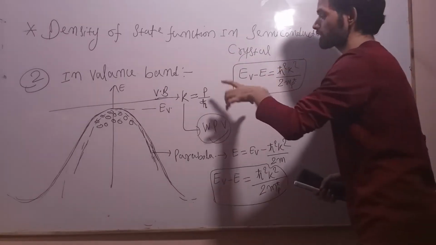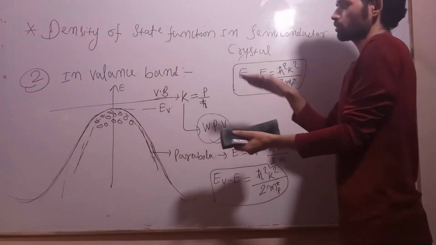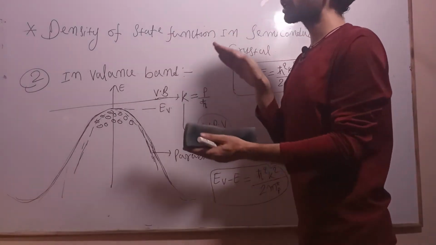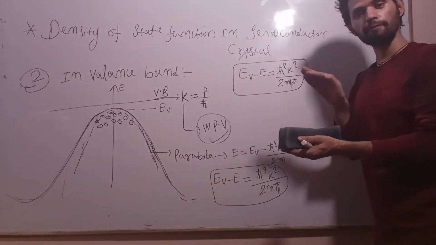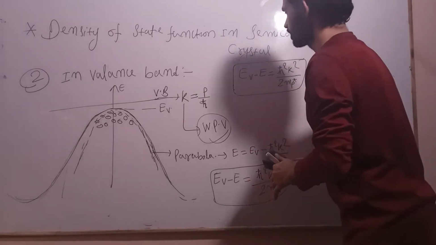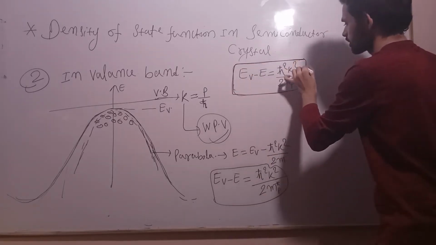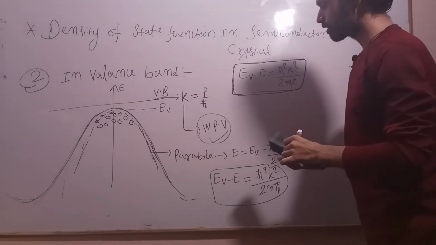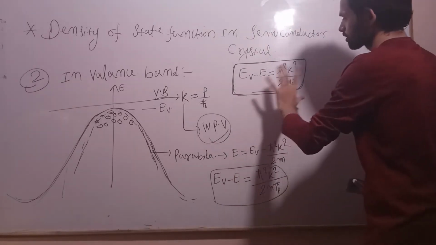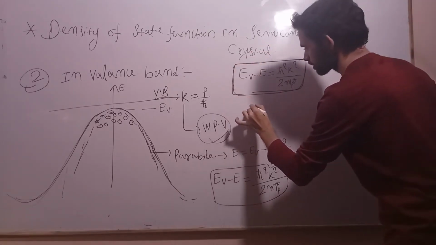These discrete energy levels are lying in the allowed band, because the allowed band is actually made up of discrete energy levels. Everything we have seen until now confirms these facts.